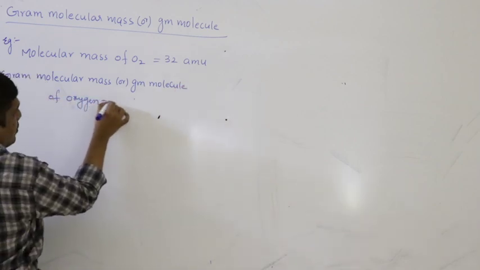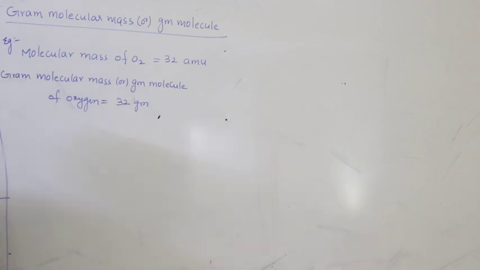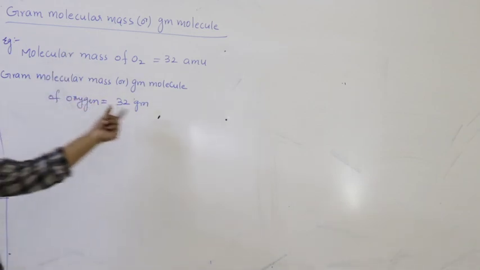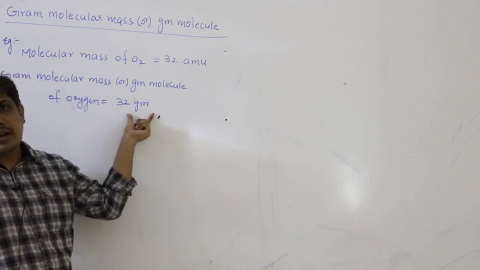So, we are expressing the molecular mass in grams, it becomes gram molecular mass, that is 32 grams, to balance the mass units. Both are the same, we are just adding the unit gram to balance the mass unit.